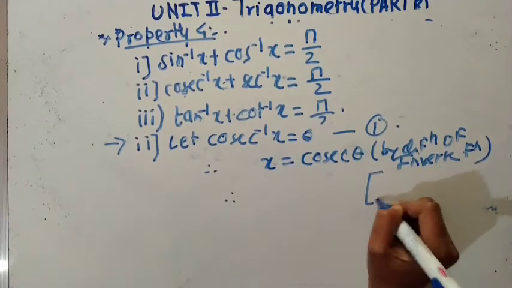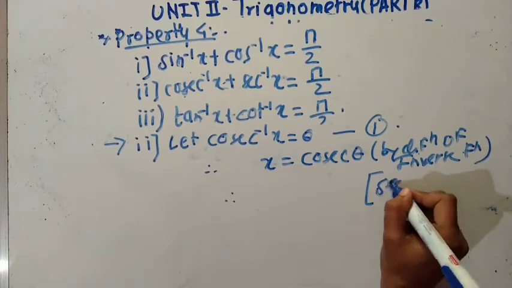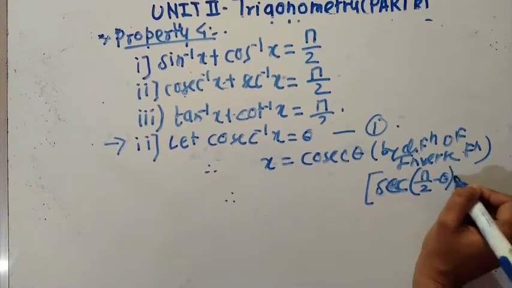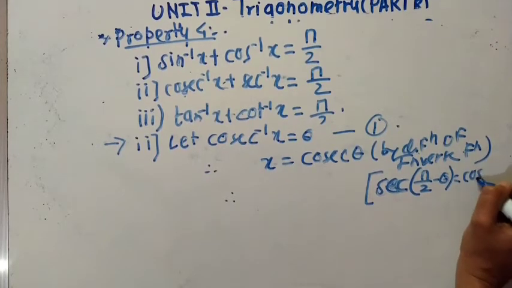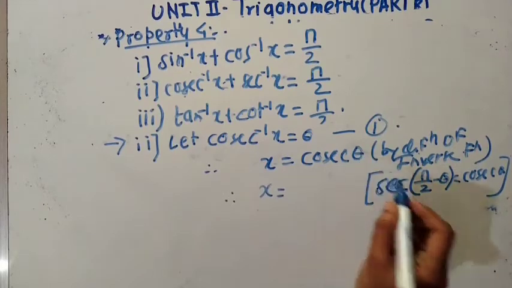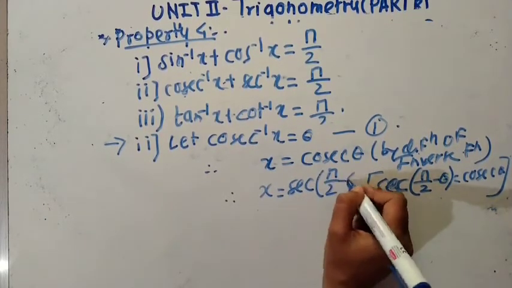But we know that sec of pi by 2 minus theta is equal to cosec theta. Hence cosec theta means sec of pi by 2 minus theta.